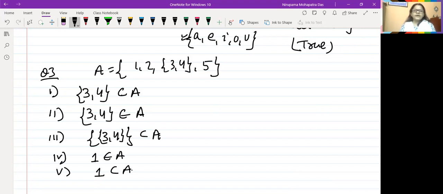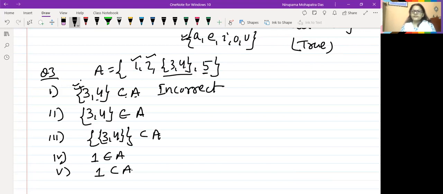See here, you have set A, one element is 1, then 2, then the set {3, 4}. This is an element of A, then 5. So {3, 4} is an element of this set, so it cannot be a subset of this. So this is incorrect.